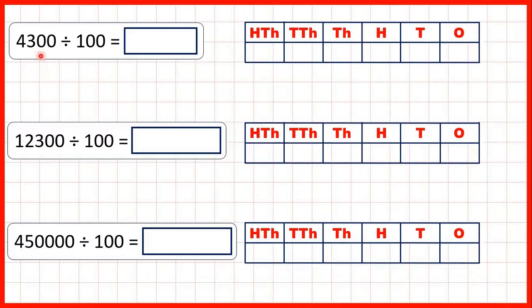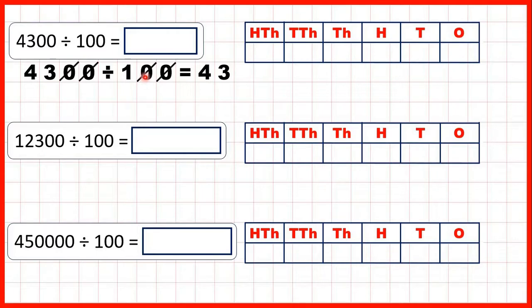Now for these questions we start with multiples of 100, so numbers that have zeros in the tens and ones, and we're dividing by 100. So first we have 4,300 divided by 100. That's 43, because in the number 100 we have two end zeros, and in division problems we can cancel our end zeros.